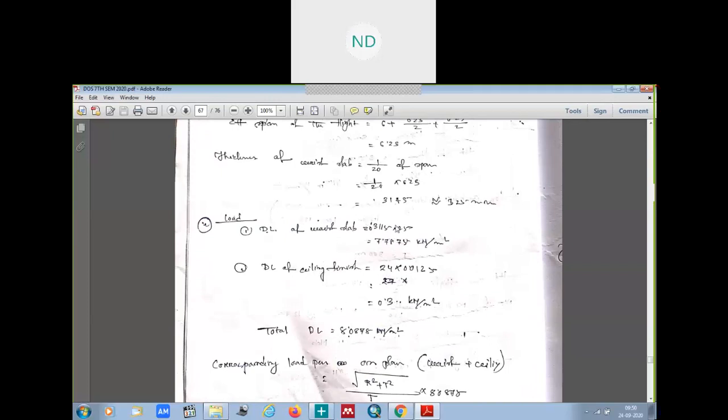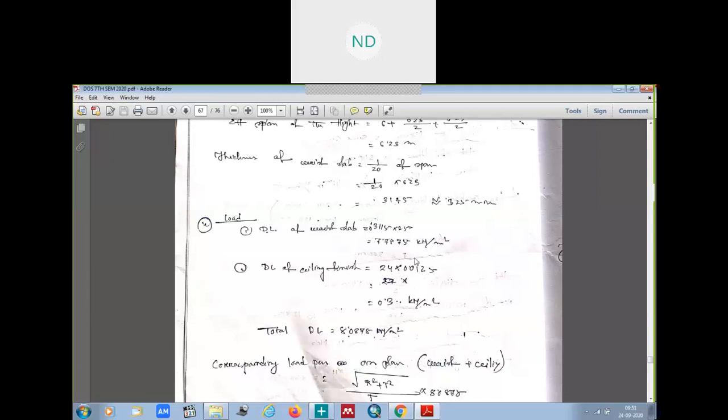The thickness of our waist slab was 0.3115, and the unit weight of RCC concrete is 25 kilonewton per meter cube. So we get the dead load of the waist slab, and the dead load of the ceiling finish will be the unit weight of plain cement concrete, 24, into the thickness.